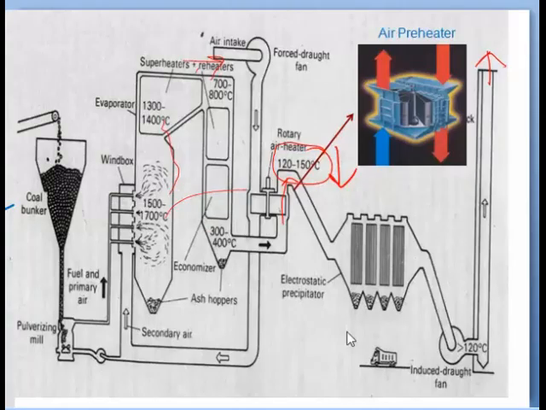From this figure, what we discussed earlier, you can see that the inlet temperature of the flue gas to the air preheater is somewhere in the range of 300 to 400 degrees centigrade, and the exit temperature is between 120 to 150 degrees centigrade.